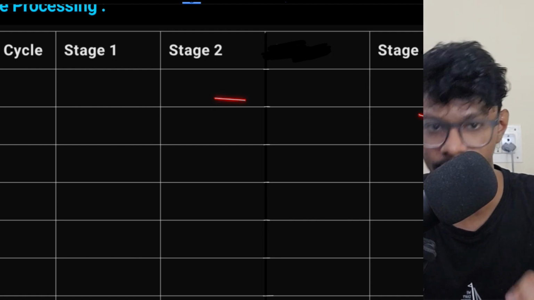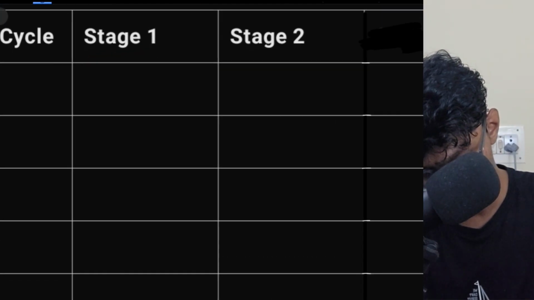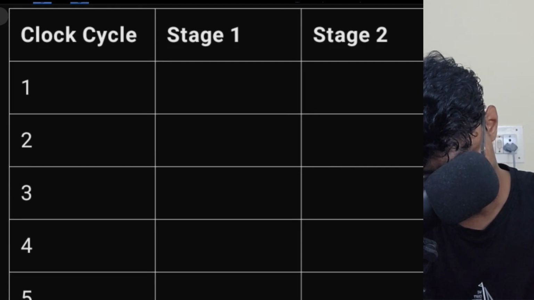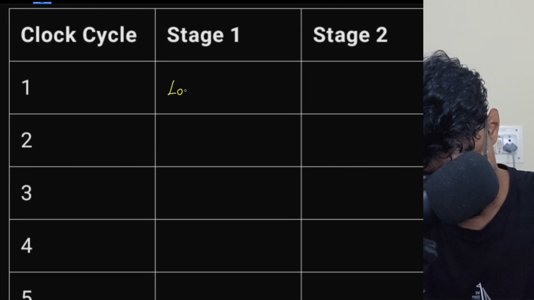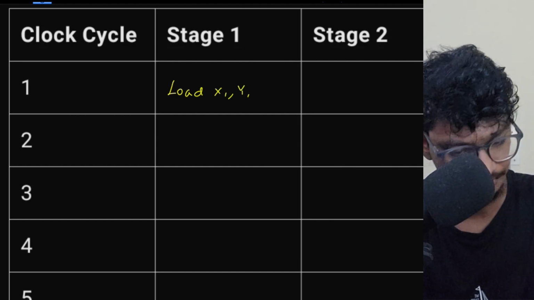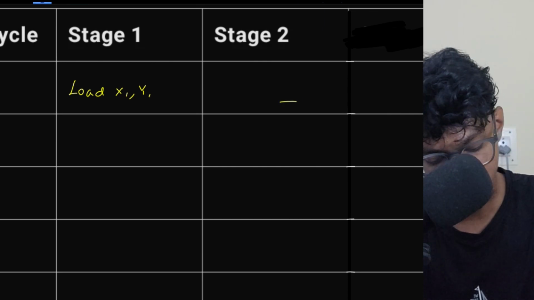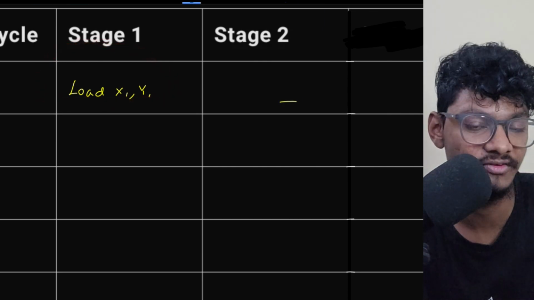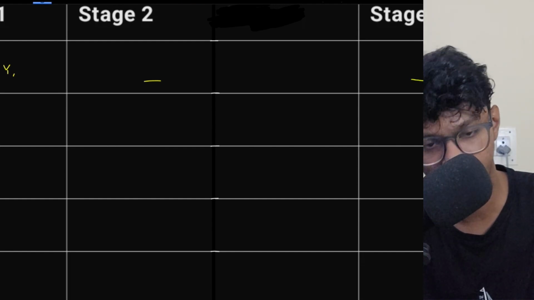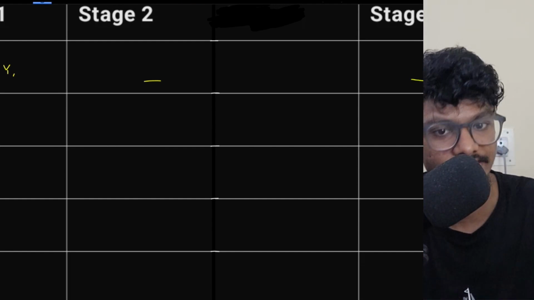All the other stages will be idle. Stage 2 will be simply idle, because stage 1 hasn't even processed the data, so we cannot do anything in stage 2. And stage 3 will also be sitting idle. So this is just the first iteration.